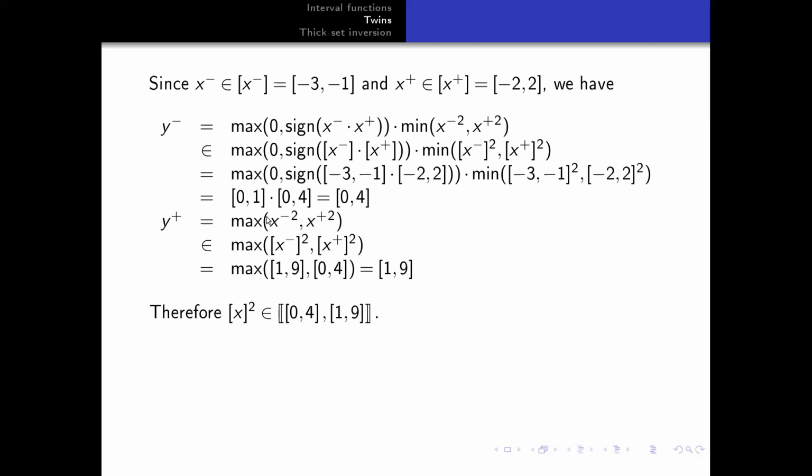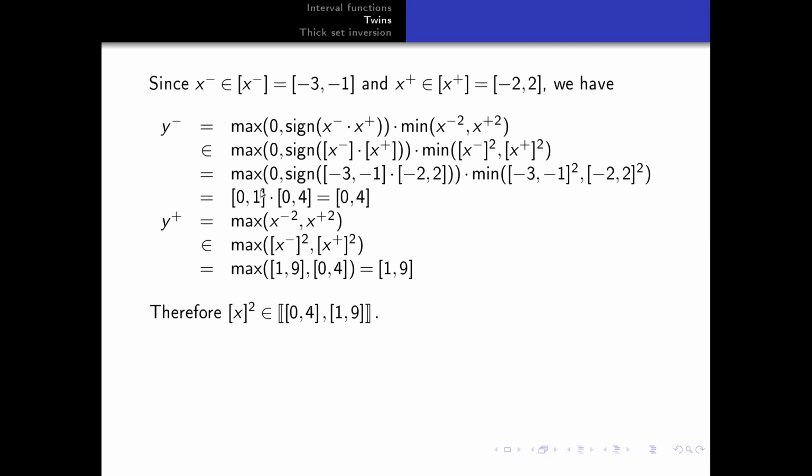y minus and for y plus, I will write this. But since I know that x minus and x plus are inside this interval, I know that the bound y minus will be inside this expression where I replace x minus and x plus by the corresponding intervals.